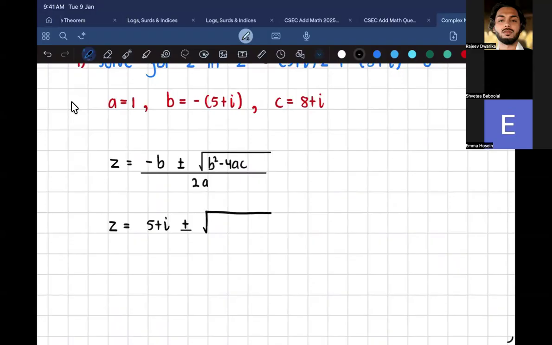Then you're going to get b squared, which is open bracket minus 5 plus i close bracket all squared, minus 4, a is 1 and c is 8 plus i, all over 2 times 1 is 2.